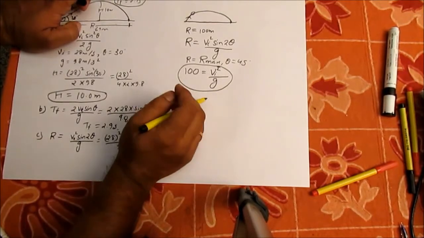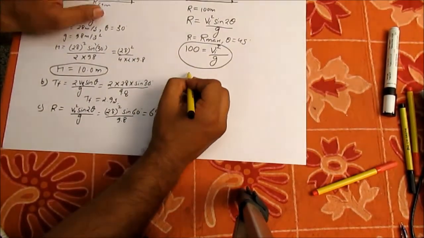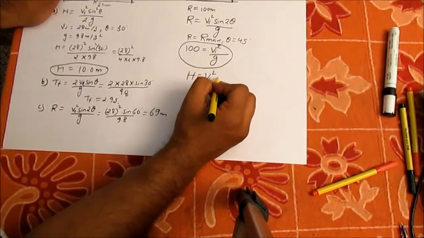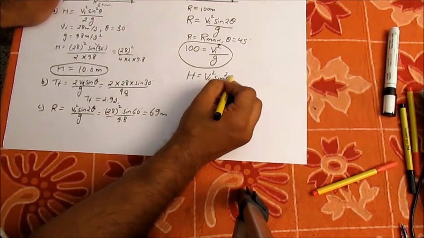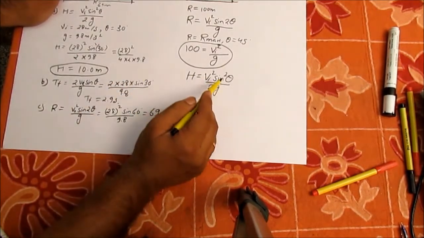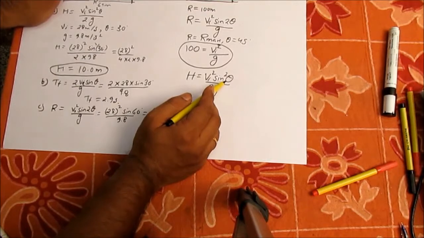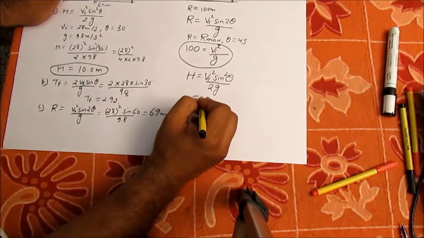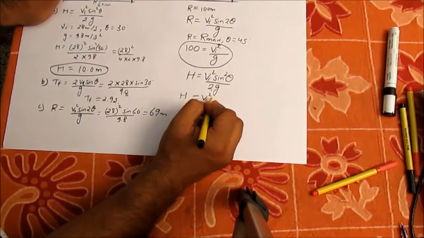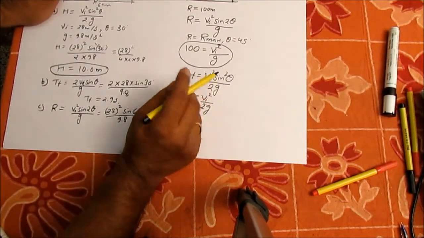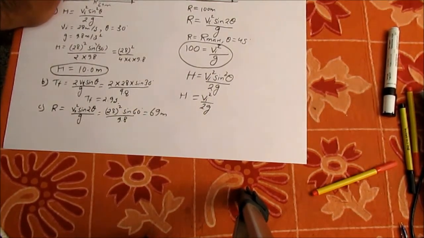Now we will come to the formula for the maximum height. Maximum height H is given by Vi square sin square theta divided by 2g. You know sin theta is maximum when sin theta is 1, that is at theta equal to 90 degree. So the maximum H possible is Vi square by 2g, because Vi is the max velocity at which he can throw the ball.